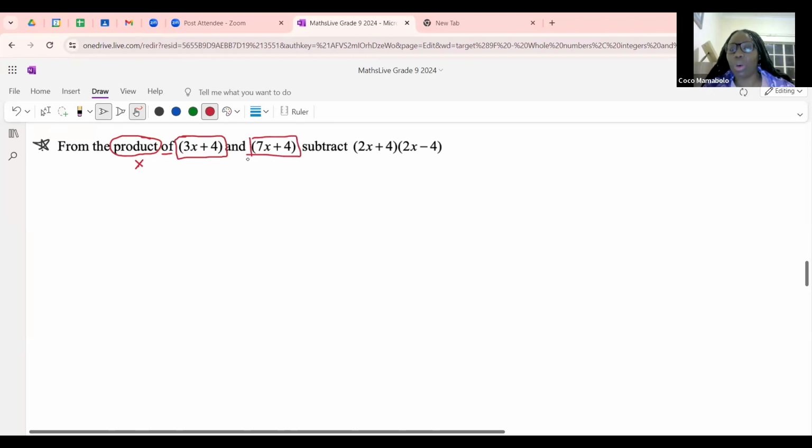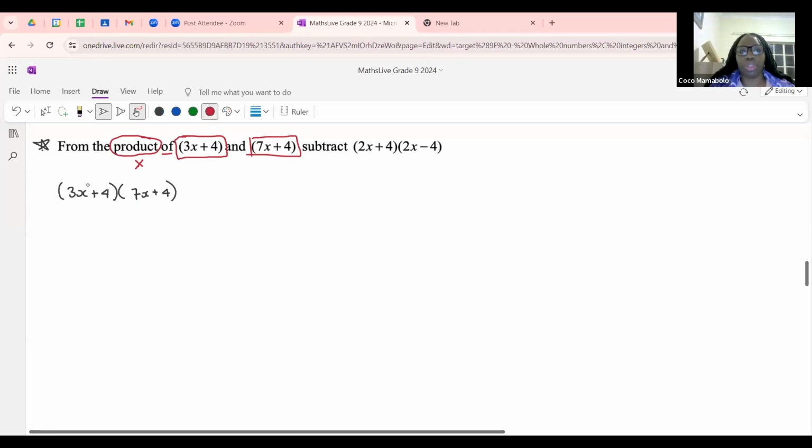So what they actually want us to do in this question is find the product of these two brackets. And can we do that? Absolutely, yes, we can. We can say 3x plus 4 and 7x plus 4. If we multiply them together, we can do FOIL.